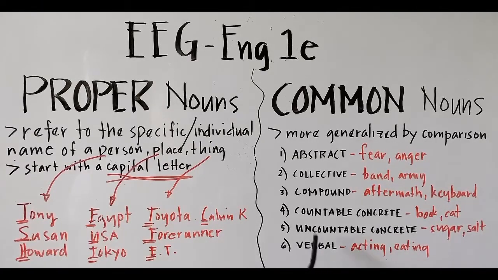For the uncountable concrete, this cannot be counted. Just like sugar and salt, you cannot count them one by one. And then for the verbal, they are action verbs with the ing form. Just like acting, eating, biking, and so on.